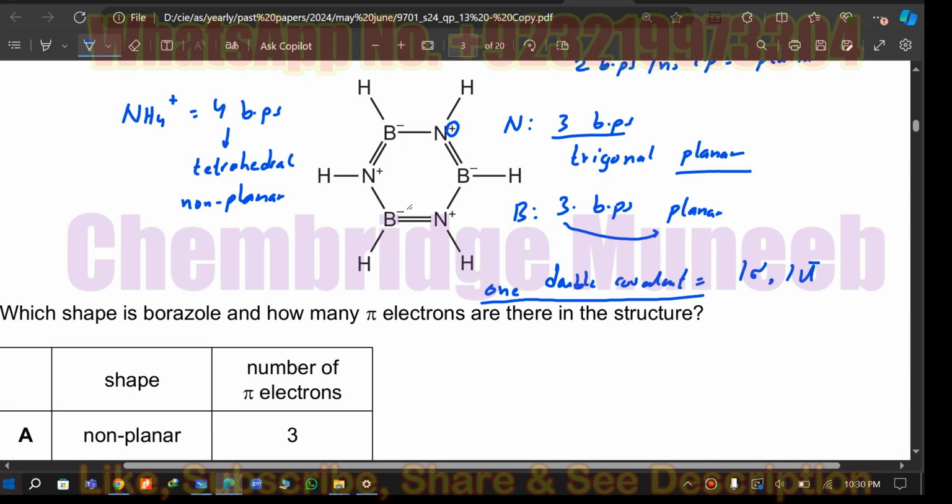Now here we find 3 double covalent bonds, which means there will be 3 pi bonds present, and within 1 pi bond there are 2 electrons involved. When we have 3 pi bonds, we will multiply with 2, so 3 times 2 will give 6.